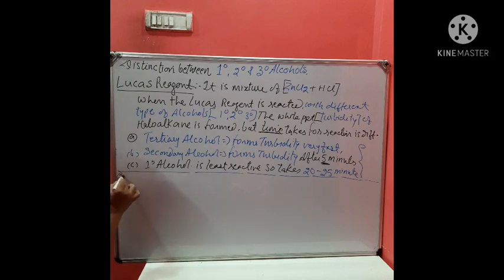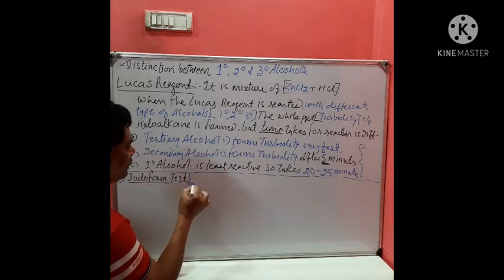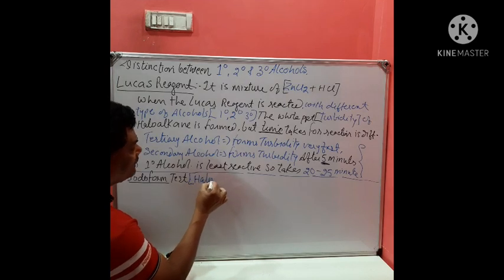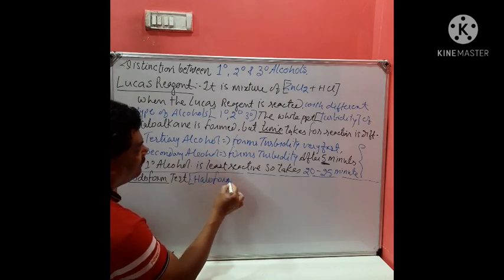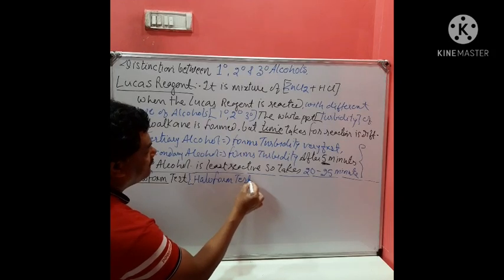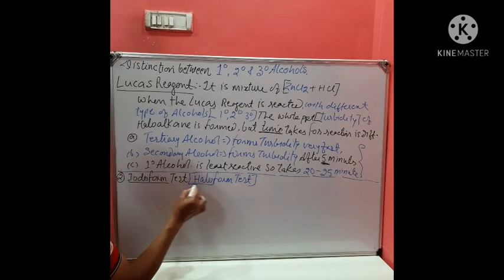Student, one more test is there. This is called the iodoform test, or this is also known as the haloform test. Actually, the basic thing is haloform, but I am explaining by using the formation of iodoform.